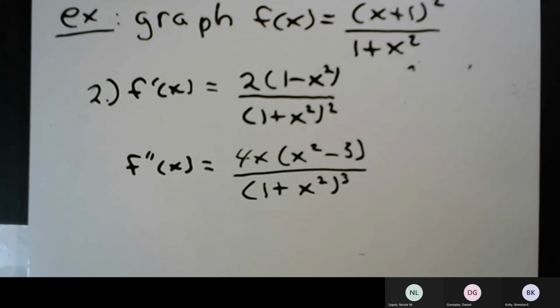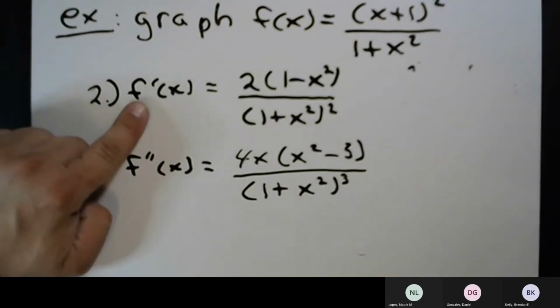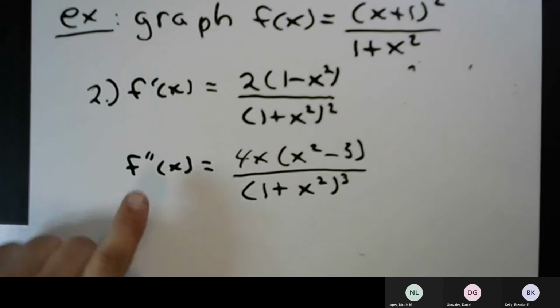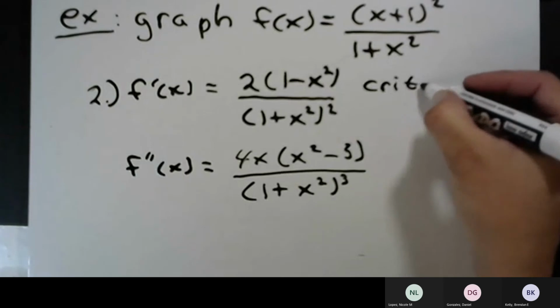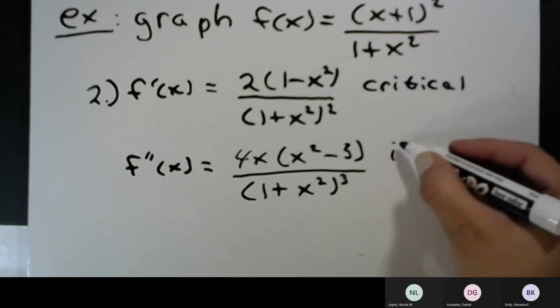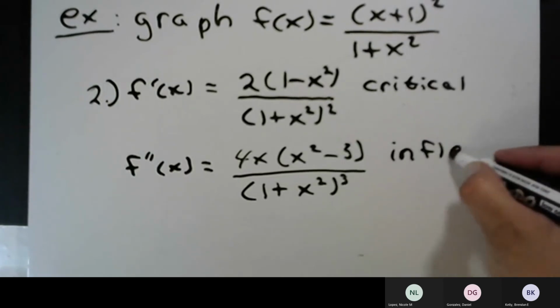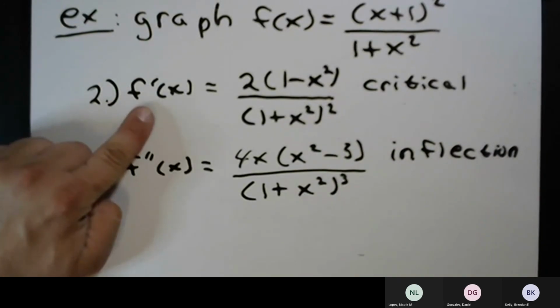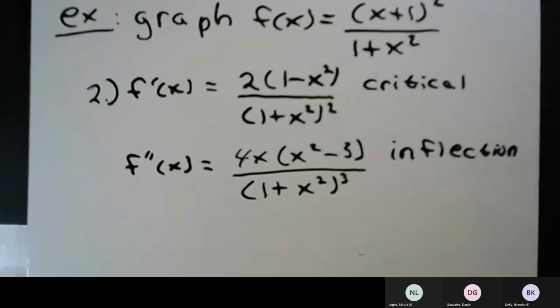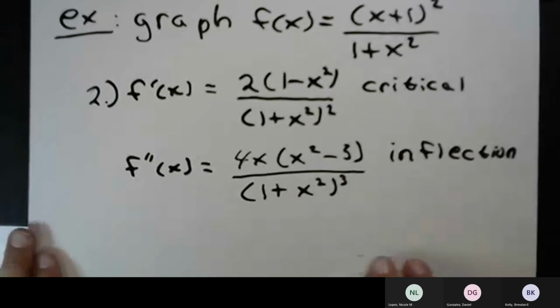So now we have our derivatives. We can use this to find critical points. We'll use this to find inflection points. So critical points where this is 0 or undefined, inflection points where this is 0 or undefined. So taking a look at critical points first.